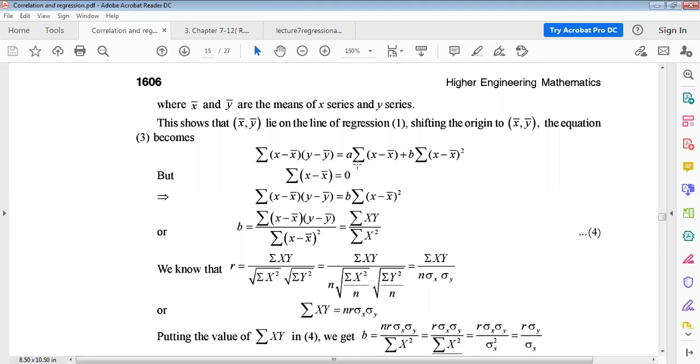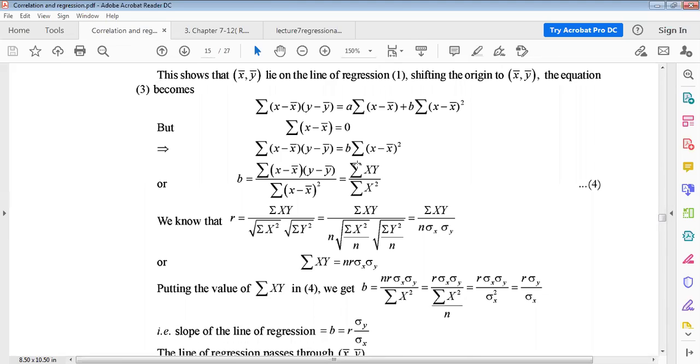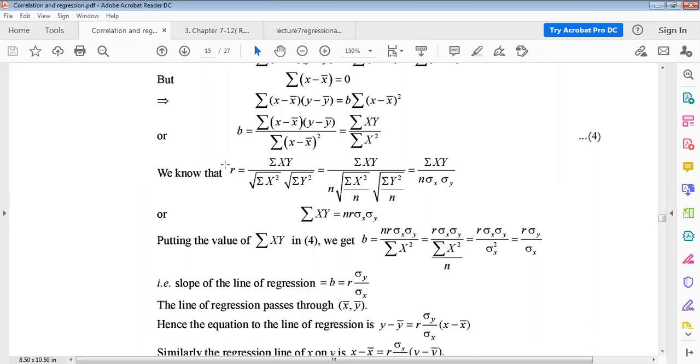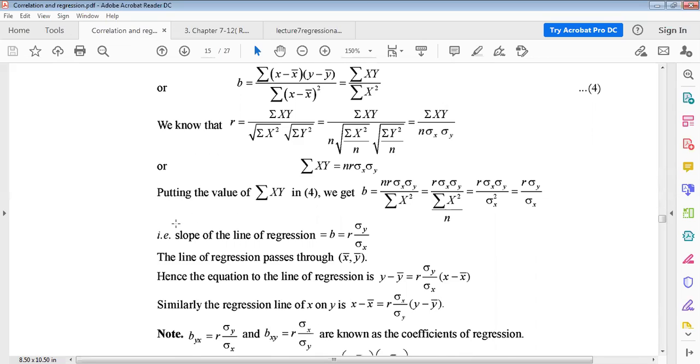And using these two relationships, we have derived r. Actually, r equals what? You must know. In our previous lecture, r was the correlation. Correlation r equals summation xy divided by the square root of summation x square times the square root of summation y square, and this can be written like this, with sigma x the standard deviation of x and sigma y the standard deviation of y, where n is the total number of frequencies.